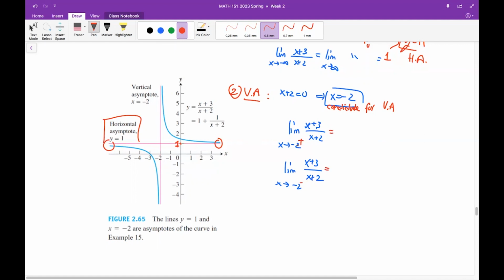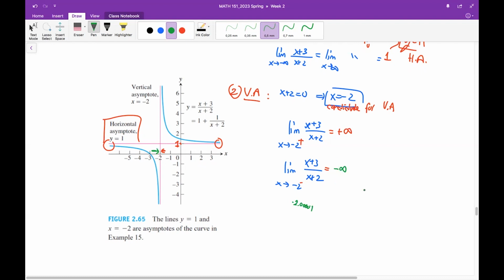If you approach minus 2 from right, you are putting kind of minus 1.999 or something. So the denominator gets to 0 from positive side. That's why it is plus infinity. And similarly, if you approach from left, this time from this direction, you insert minus 2.0001 kind of points. Plus 2 makes it closer to 0 from negative side.